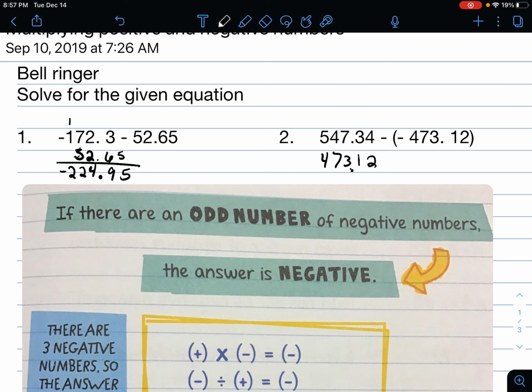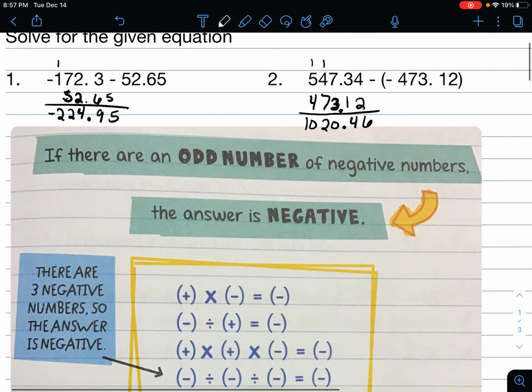So once again, you're going to line up everything, and then you can just add. 4 plus 2 is 6, 3 plus 1 is 4. Bring down my decimal. 7 plus 3 is 10, carry the 1. 4 plus 7 is 11, plus 1 is 12. And 5 plus 4 plus 1 is 10. And so there we have it. This one's going to be positive.